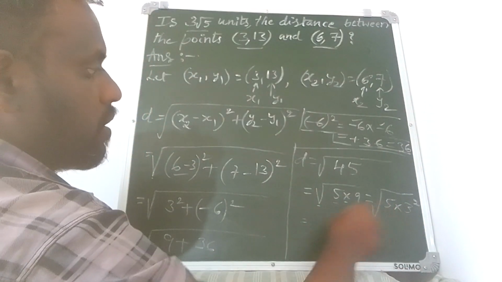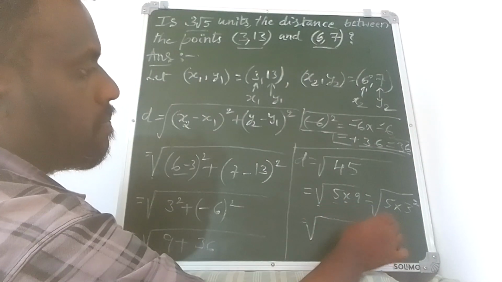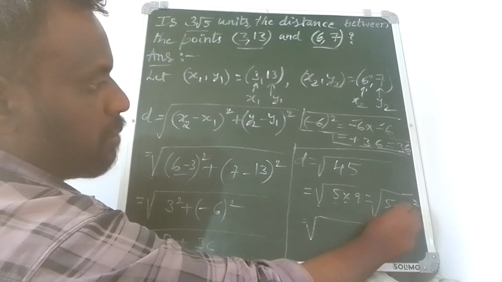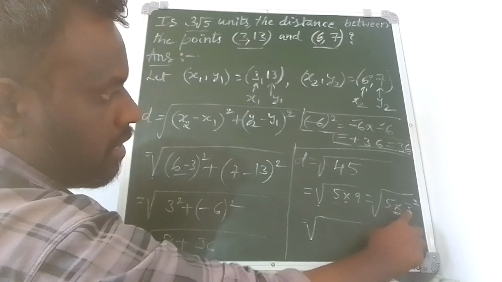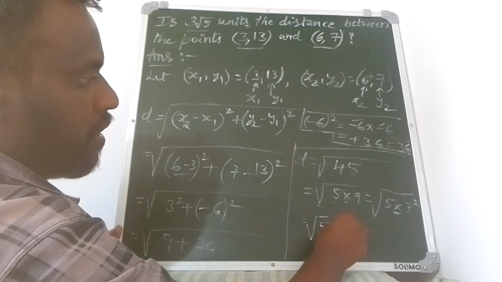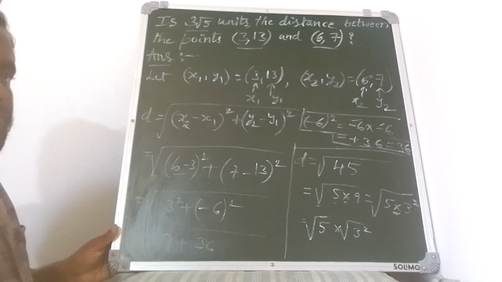Okay, done. Next, square root write as it is. Now here multiplication symbol is there, so we can take square root for 5 separately, 3 square separately. So square root of 5 into square root of 3 square.